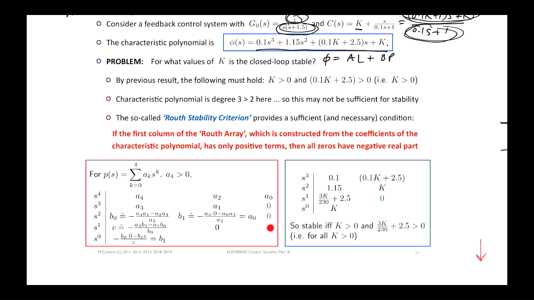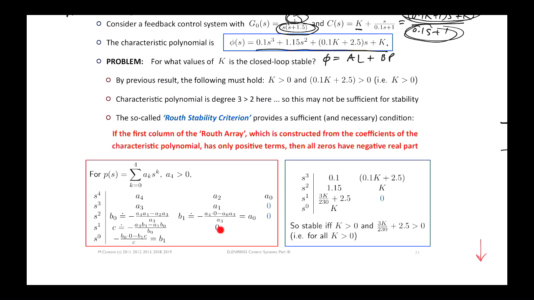Now we do this row here. This is built from the 2 rows above in exactly the same way. This becomes the pivot, so we've got minus 1 divided by the pivot, and the number on the top here is that times this number minus that times this number. This guy here will still be minus 1 divided by the pivot.